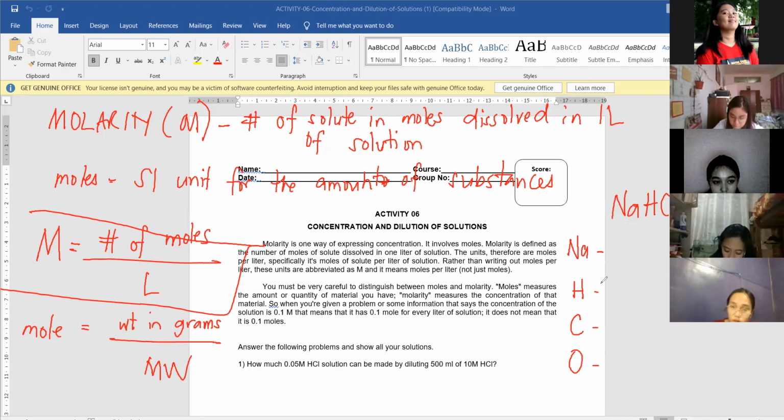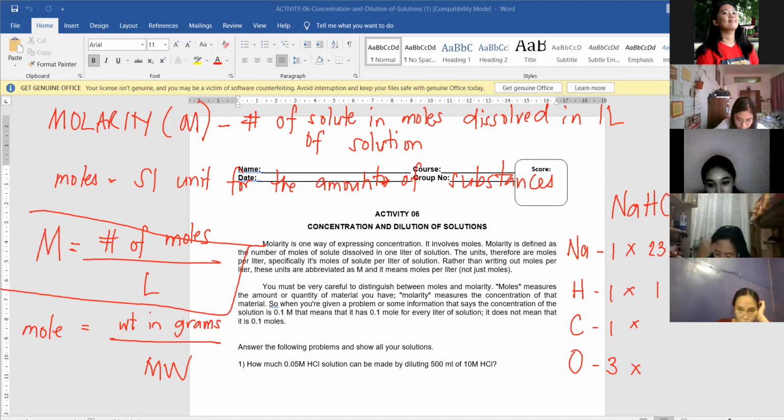So again, you identify all the elements present in the compound and then identify how many atoms are present. So the atoms is being represented by the subscript. If there is no subscript, automatic 1. So you have 1 sodium, 1 hydrogen, 1 carbon, and 3 oxygen. And i-multiply natin sila each sa kanilang mga atomic weight. So this is 23 here.